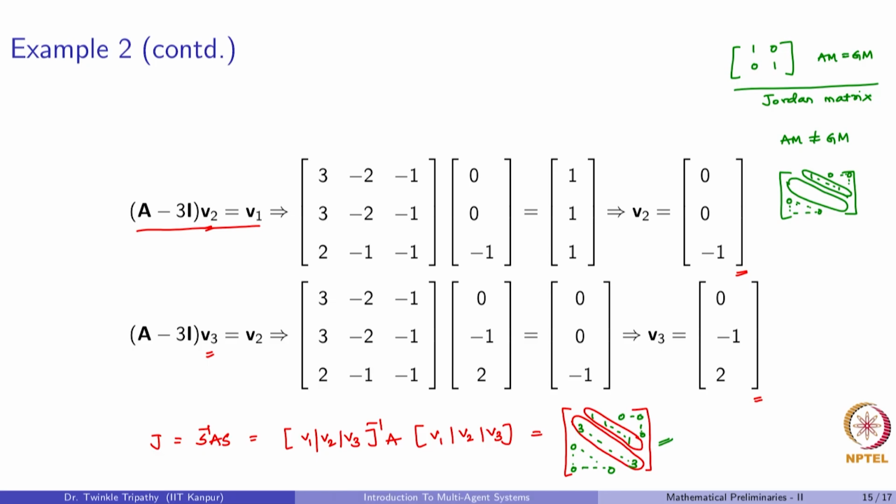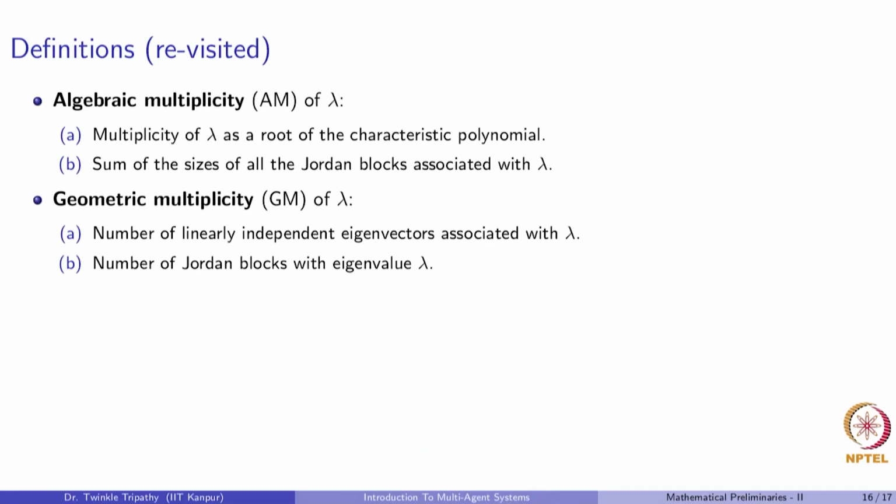Now, in terms of the Jordan blocks as well, we can redefine some of the notions which we discussed before. So, let us see. What is a geometric multiplicity? The geometric multiplicity, as before, is simply the number of linearly independent eigenvectors associated with an eigenvalue lambda, or it is also equal to the number of Jordan blocks associated with an eigenvalue. For example, let us see a case. Suppose we have some matrix A which has lambda as a repeated eigenvalue. Then what we can get is something like this.